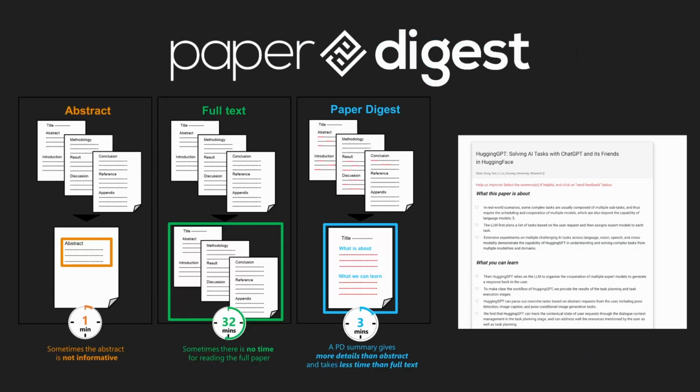The first tool I'm going to introduce is called Paper Digest. It is a completely free and extremely useful tool when you want to determine if the paper contains the information that you are looking for. It uses AI to determine the most important information from the paper and novel features introduced in the paper, and using this tool will quickly allow you to determine if the paper is suitable for your needs.